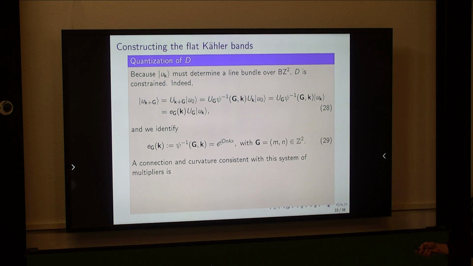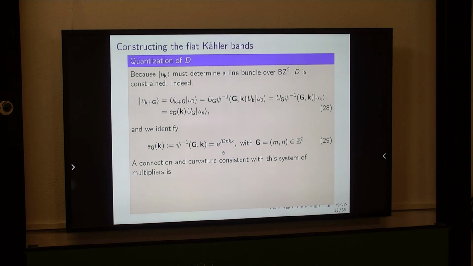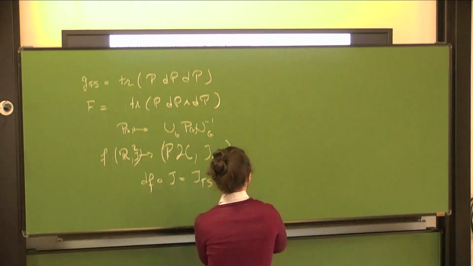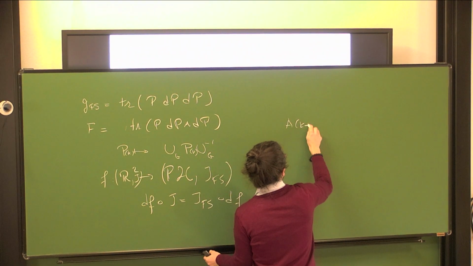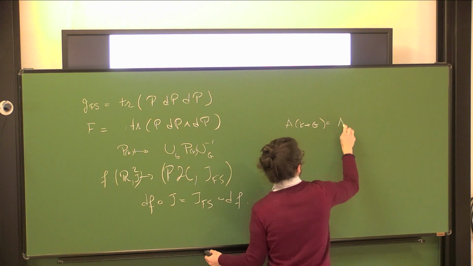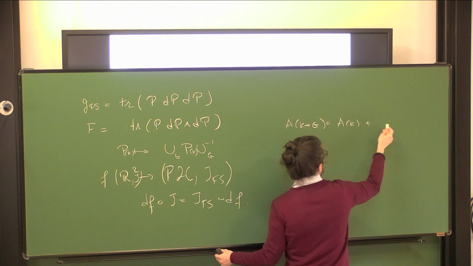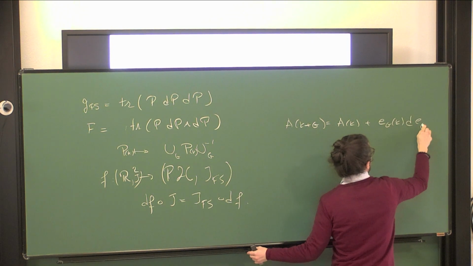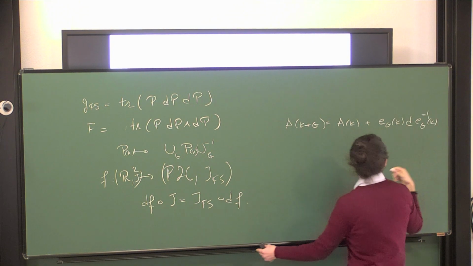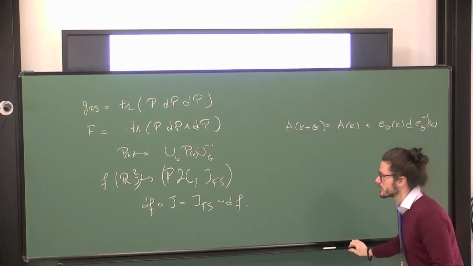And how do you see this? Well, you just write a connection and curvature which are consistent with the system of multipliers. Consistency just means that it transforms like a gauge connection, right?